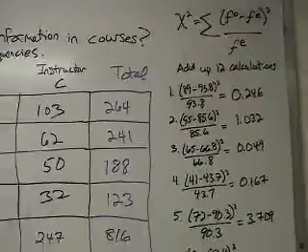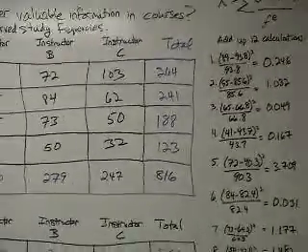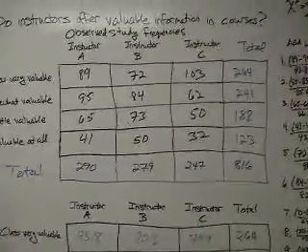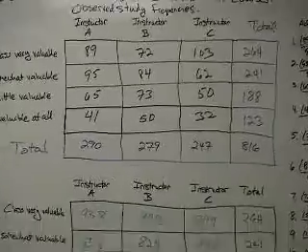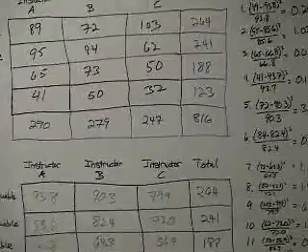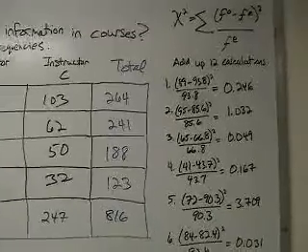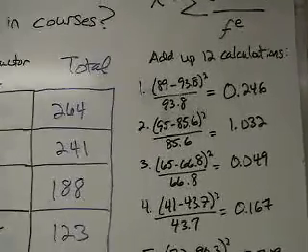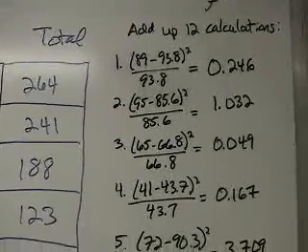So getting the chi-square takes a long time. You have to do that 12 different times for each frequency observed with the corresponding frequency expected. And as you can see here, we have those 12 calculations done for every frequency observed and expected.